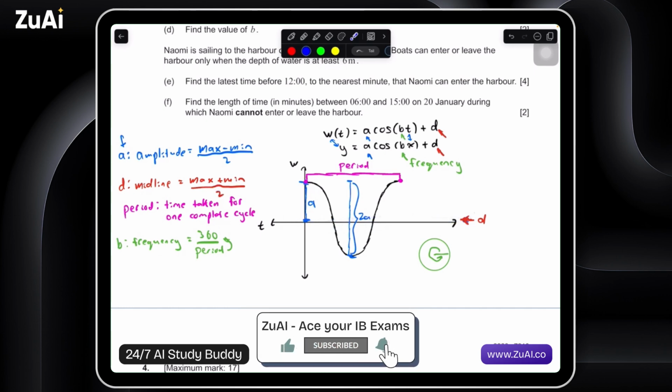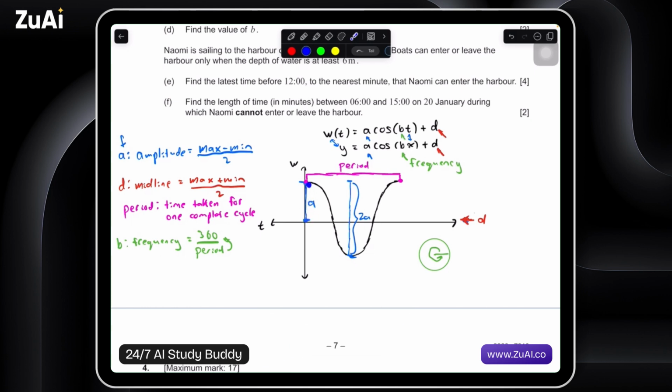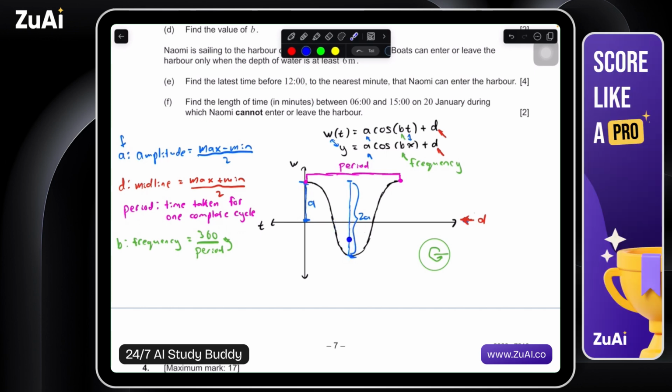So here's the highest point, here's the lowest point. What's that midline? What's the line that goes right through the center? And if you find the midline, you can find the distance from the midline to the max, and that's exactly what the amplitude is as well. So you can reverse the process, find d, and then ask, if this is the midline, how much do we need to go up by or down by to get to our max from the midline, or to the min from the midline?